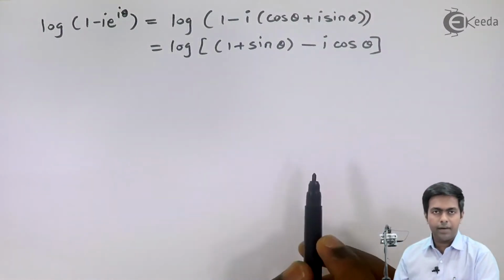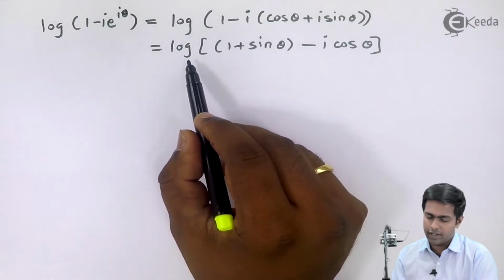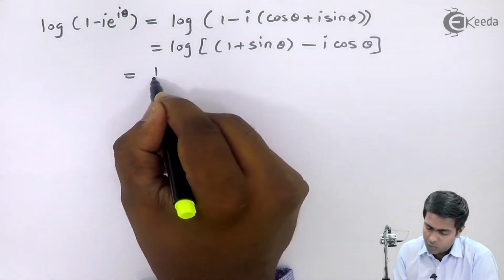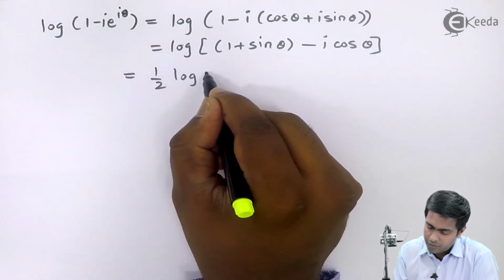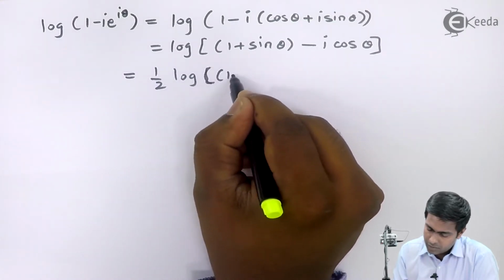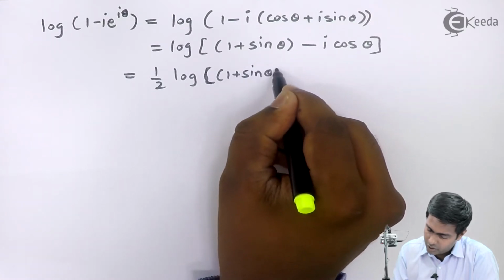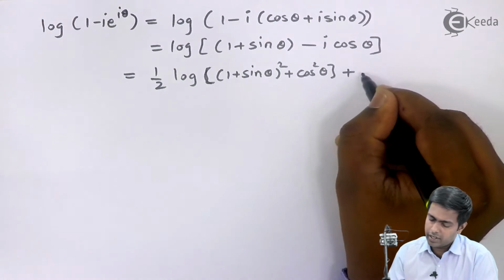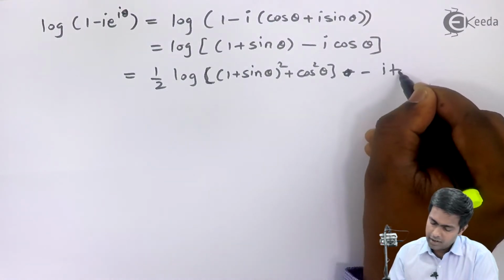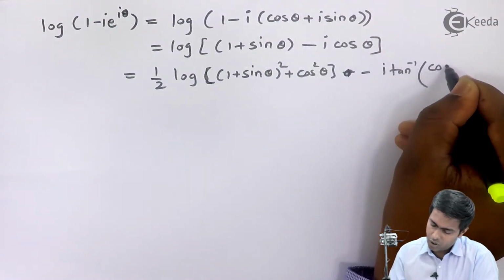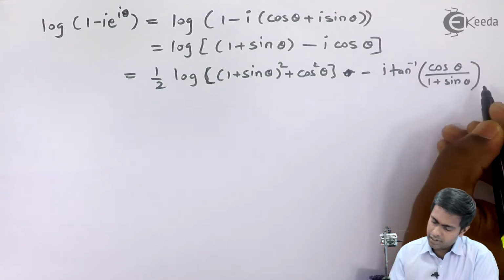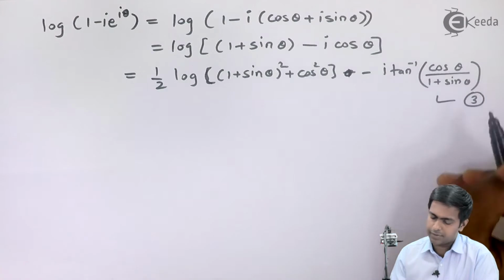Again we have to find the logarithm of a complex number. By applying the formula we will get 1 by 2 log of ((1 plus sin theta) the whole square plus cos square theta), and minus i tan inverse of (cos theta upon 1 plus sin theta). I'll give this as equation number 3.